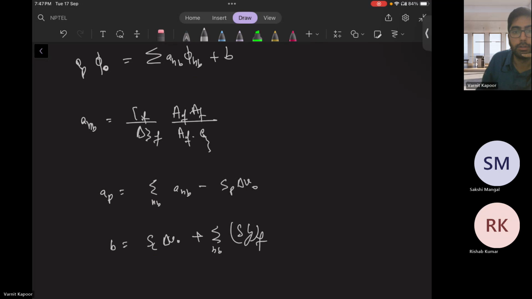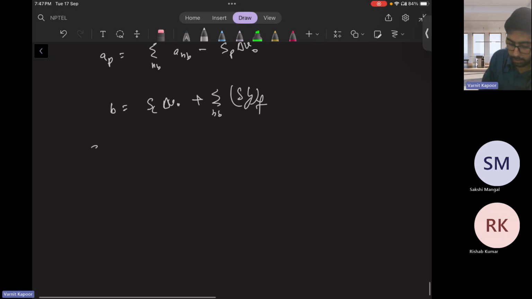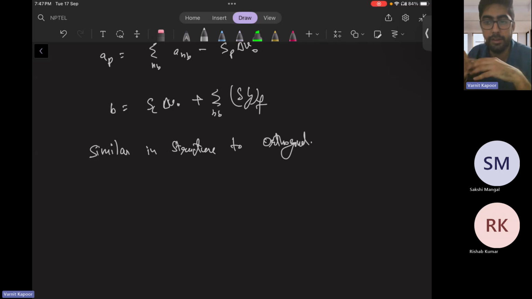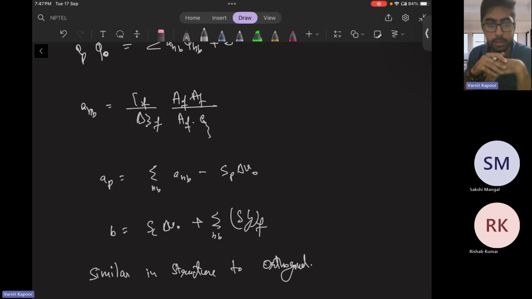Let me write here: similar in structure to orthogonal system. A and B are the coefficients from the neighboring cell. So will it be coming from the primary gradient? Whatever is the primary gradient, that is gamma F upon this entire term, whatever I've written. Okay.